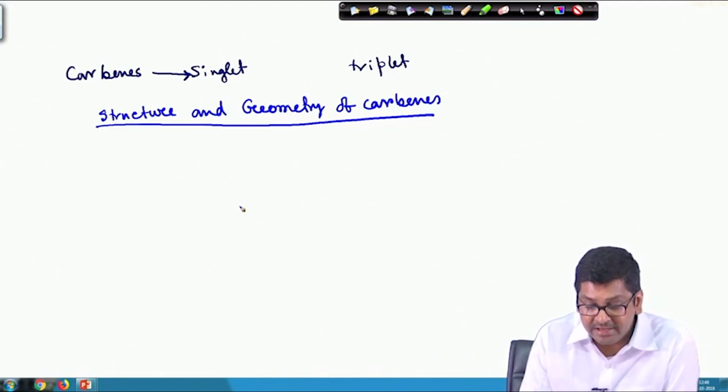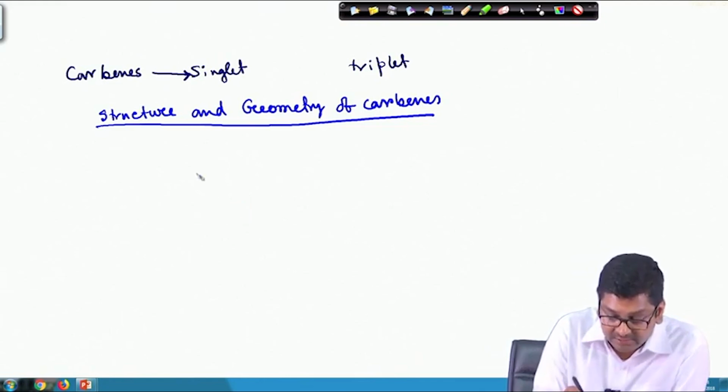So, in case of carbenes, as we have already shown you, I would still like to draw the same thing here for better understanding.